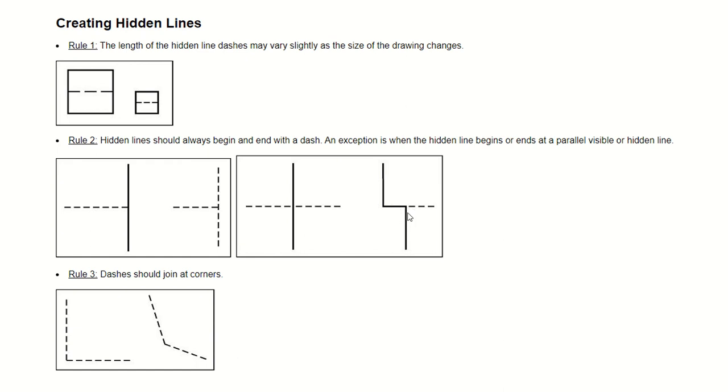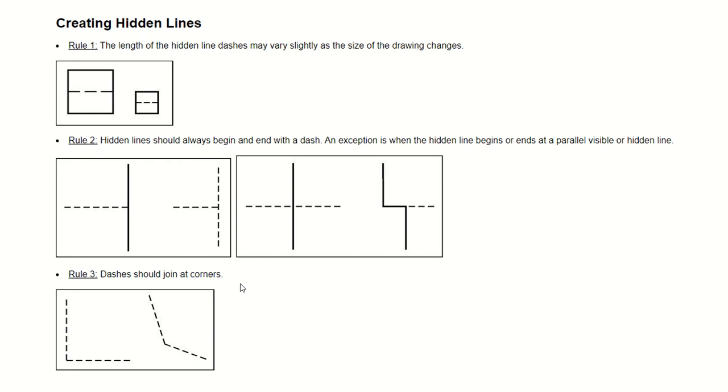The hidden line is behind that, so you don't have to draw it, or even if you draw over it, you can only see the partial hidden line. Of course, you still have another edge behind this edge. When you end, the same thing: you end at the visible line, right here.